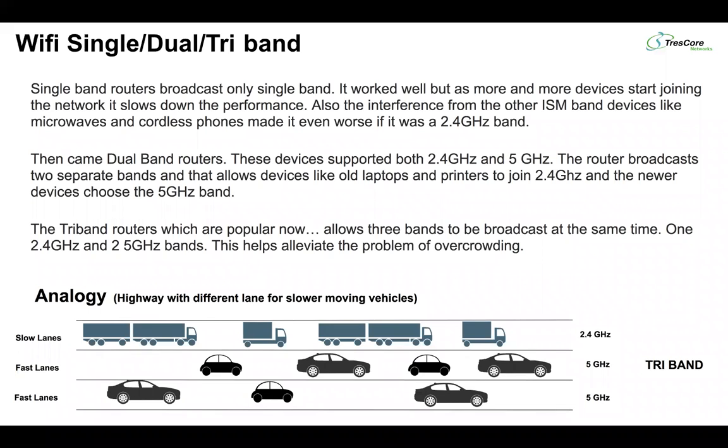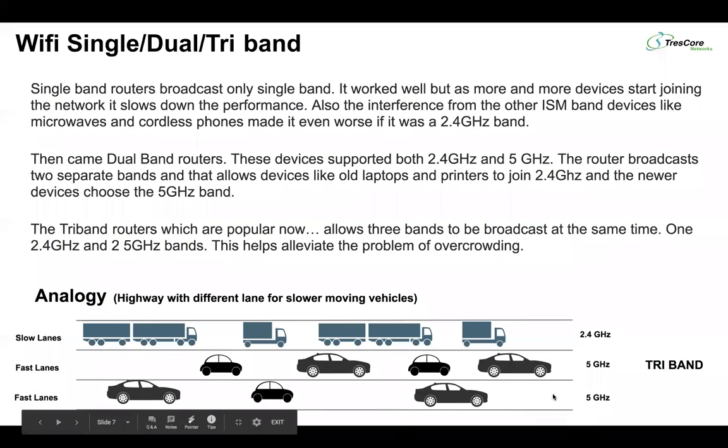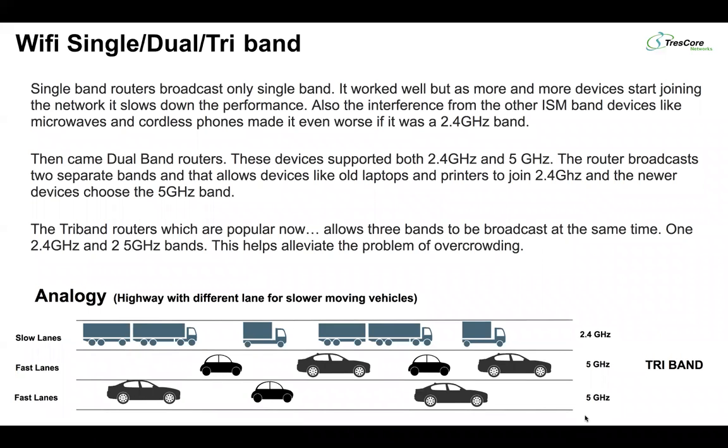Also, the newer routers have tri-band, which basically has three bands, with two bands dedicated to 5 gigahertz, so that crowding is avoided.